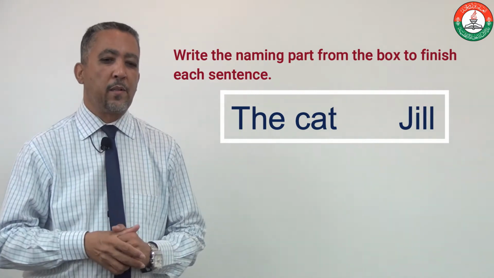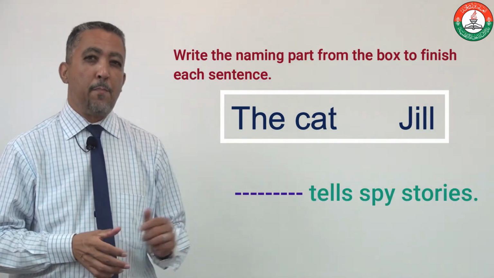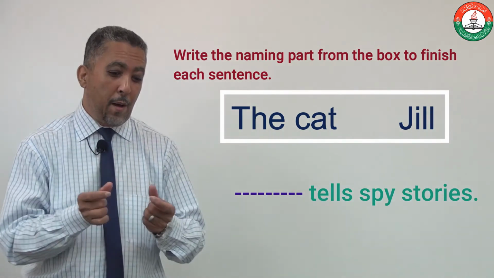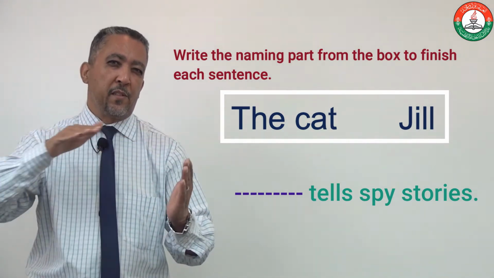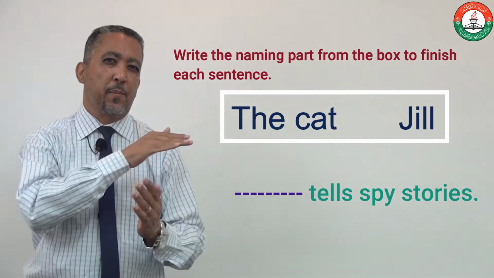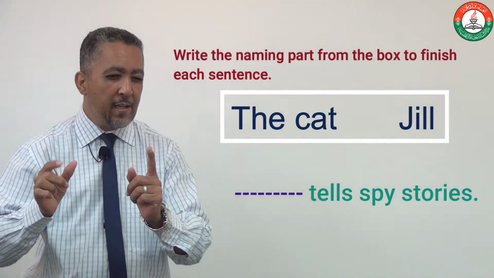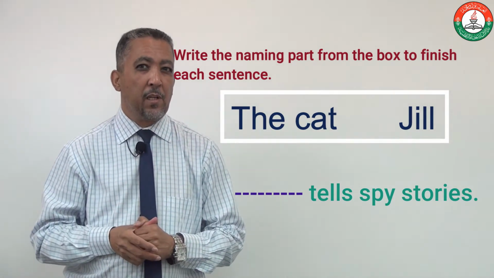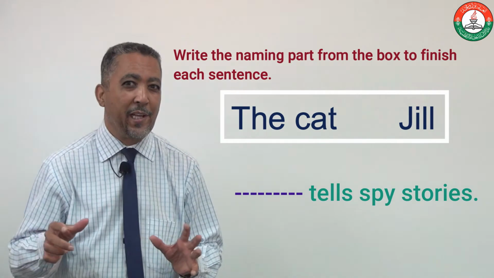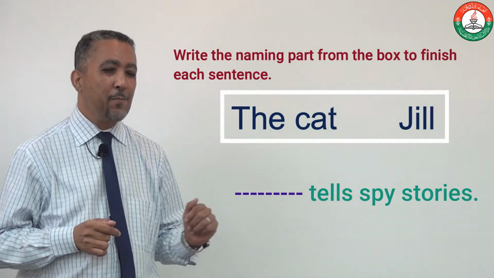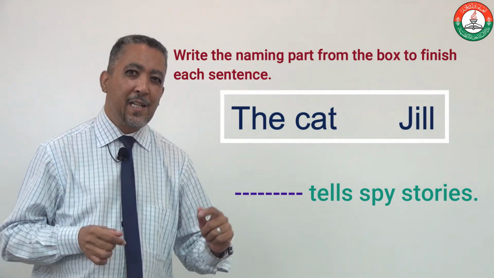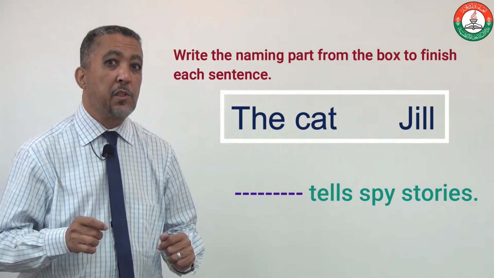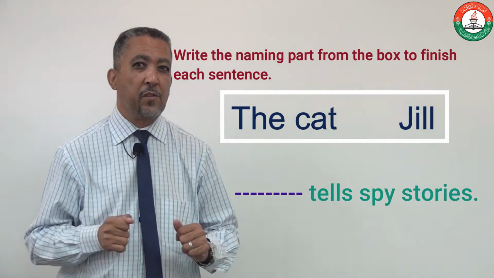Sentence number one. Blah blah. Now we call blah blah the open space, the blank space. Blah blah tells spy stories. Let's read it again. Blah blah tells spy stories.